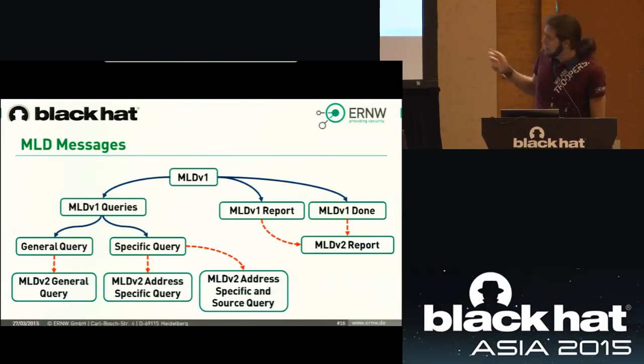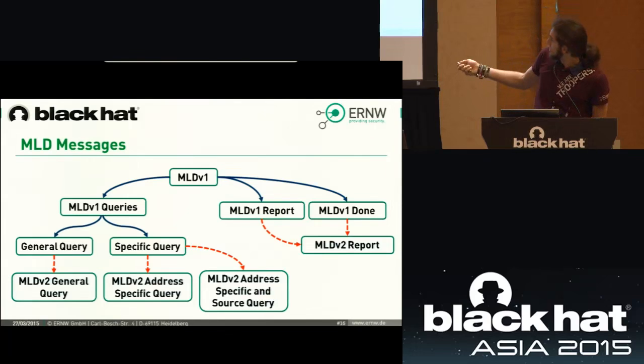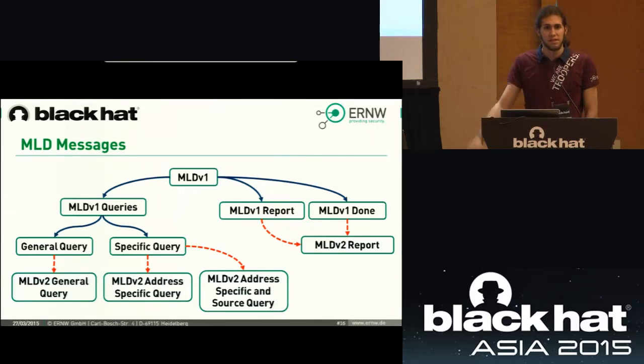On the other side, we have an MLD report, and in MLD version 1 we also have a done message. So the report is sent from the listener to the querier to tell, hi, I would like to join this multicast group, please provide me the data. And if he's finished, in MLD version 1 he sends a done message back to say, okay, I'm finished for now.